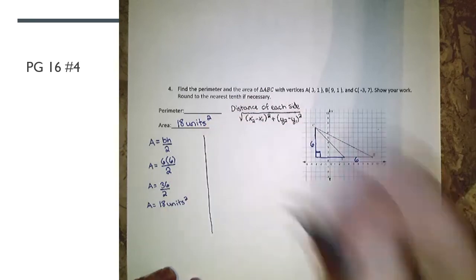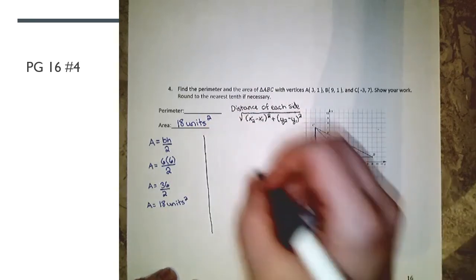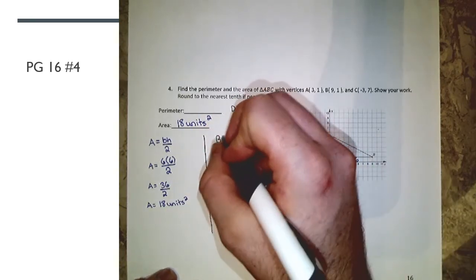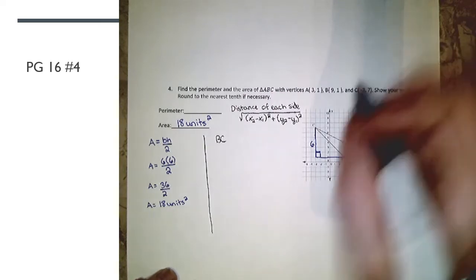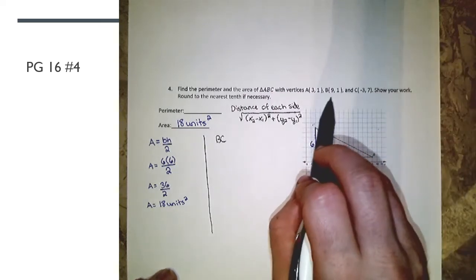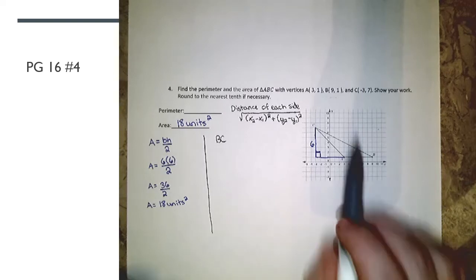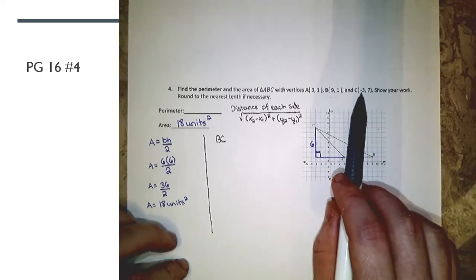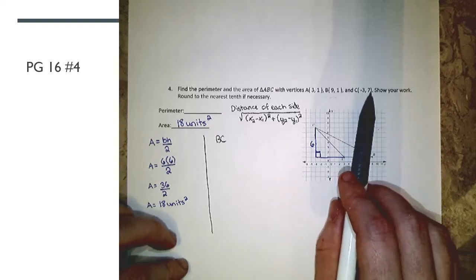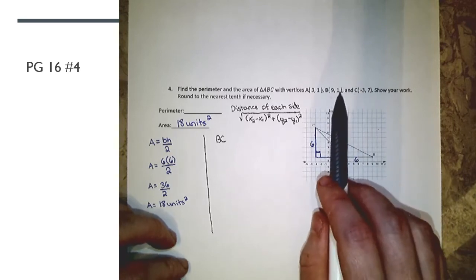So first one that we're going to find, let's try to find BC first. B had the point of (9, 1). C had the point of (-3, 7). So when I do this one, I am going to make C my x2, y2, and B my x1, y1.